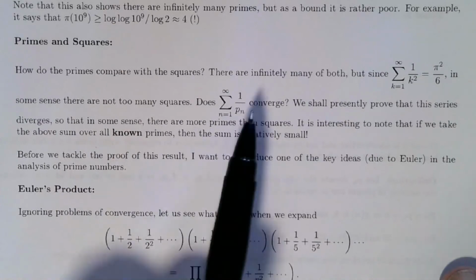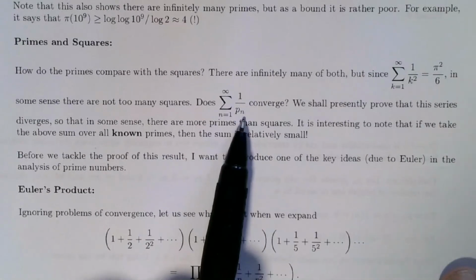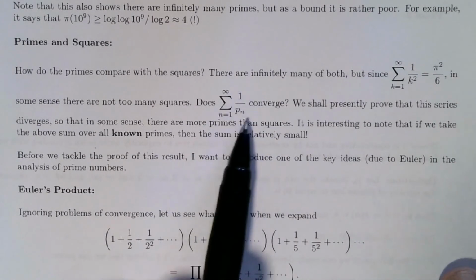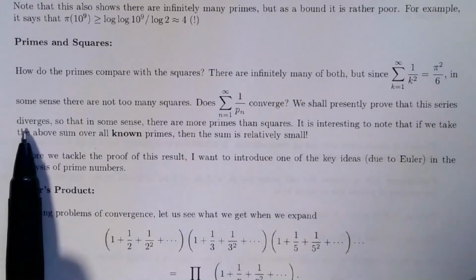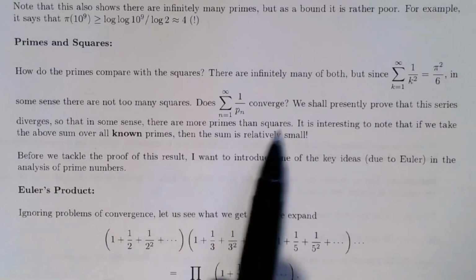On the other hand, if I look at 1 over Pn, the nth prime, and take this sum, does this converge? Well, we're going to see no, that it doesn't. I'm going to prove that this diverges. And so in some sense there are more primes than there are squares.